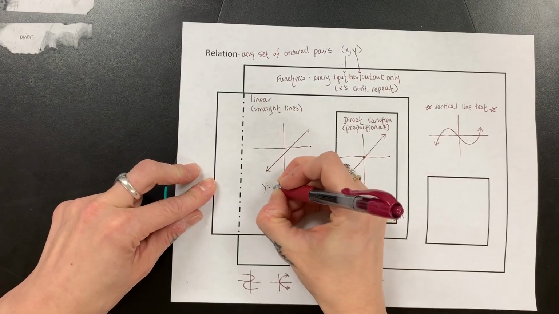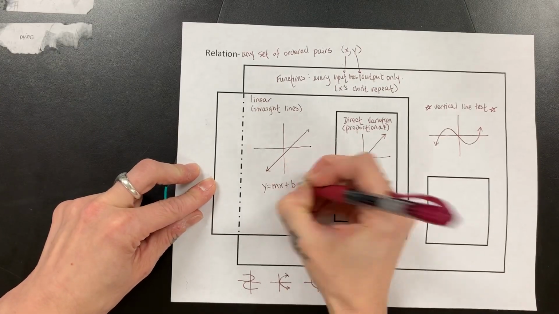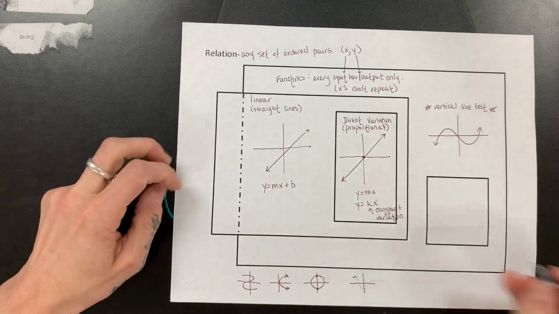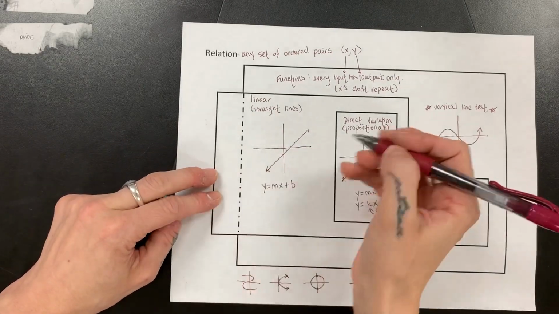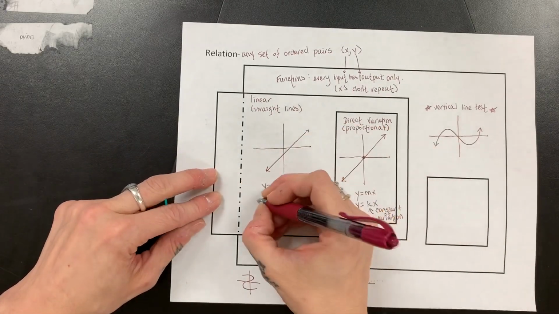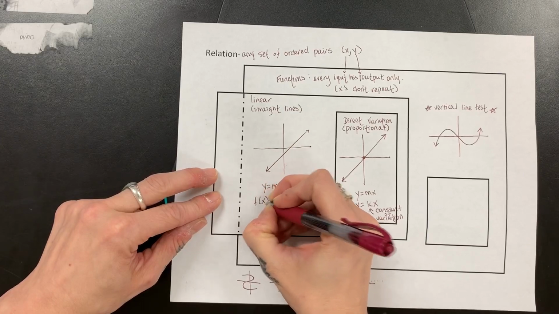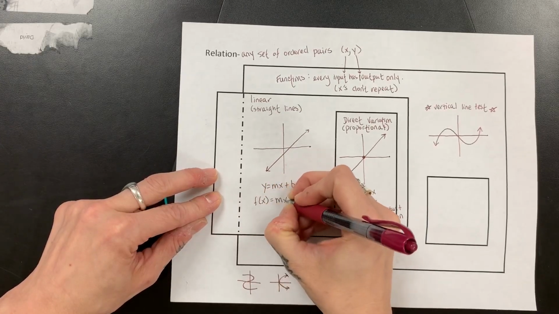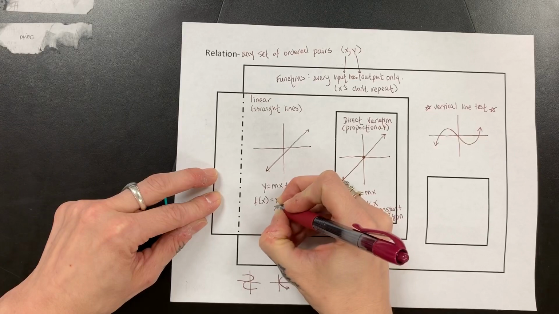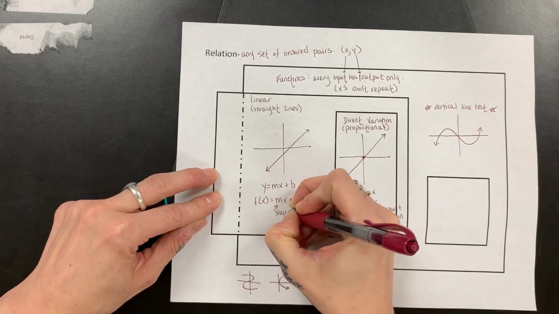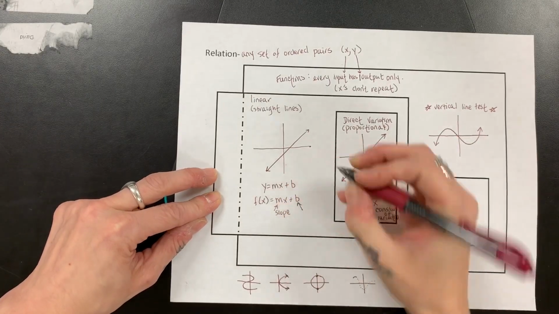And that's where we get our y equals mx plus b equation. And if we have an input and an output, we can write this equation in function notation, where this is the slope and this is the y-intercept.